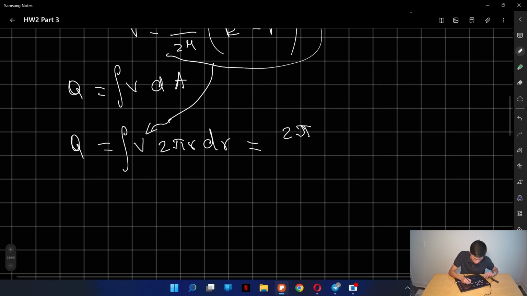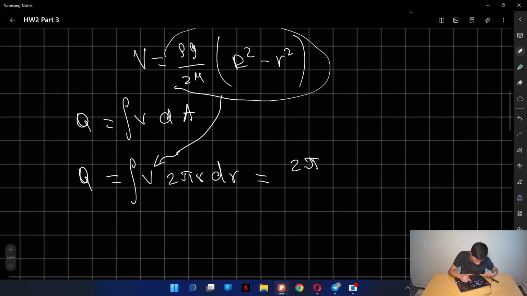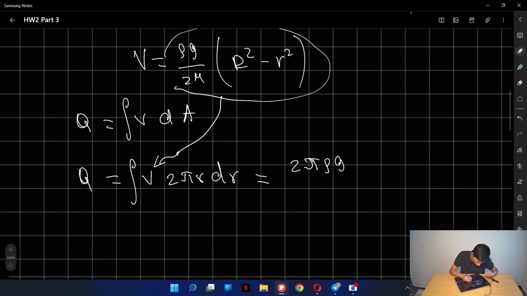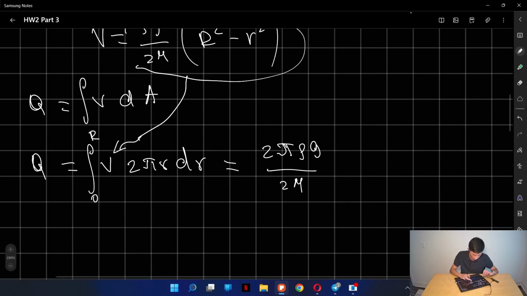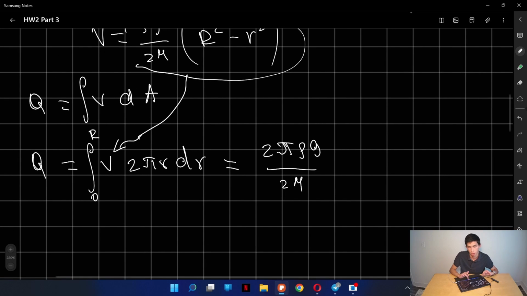So with the integration, we're going to have 2 pi outside, rho g outside, and we're going to integrate from 0, from the center, to the outer shell. We shouldn't forget that. Then 2 mu, right? And then that's being integrated.